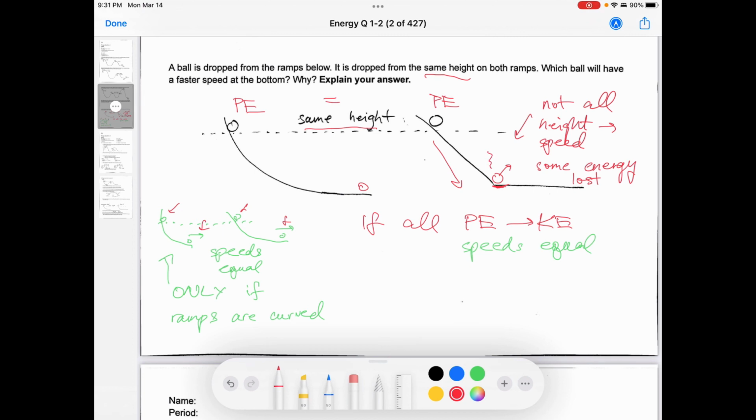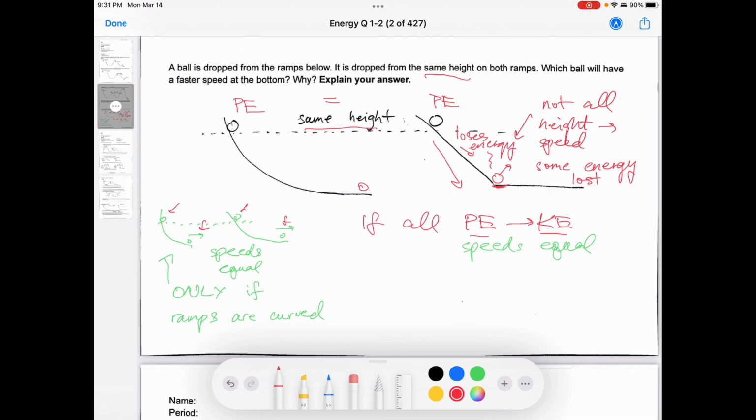And so because this ball loses energy when it bounces, that is why it is converting less potential energy into kinetic energy, because some energy is being lost when it bounces. And so it's converting less of its height into its kinetic energy.